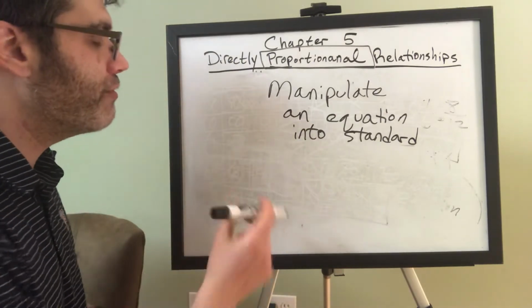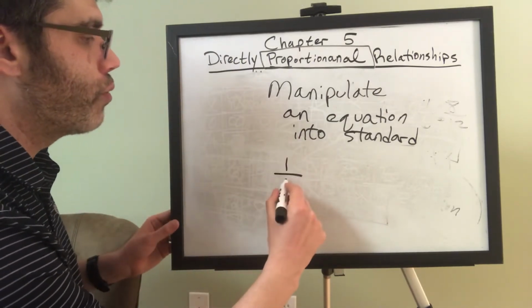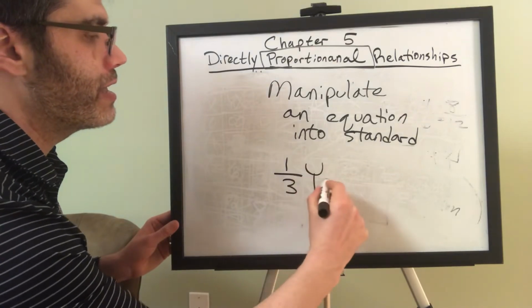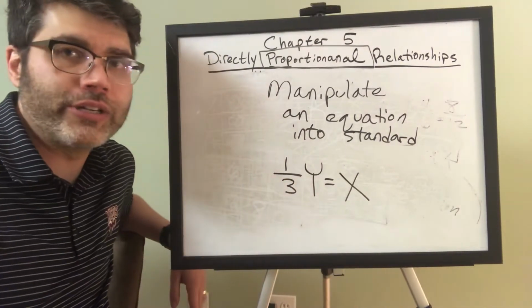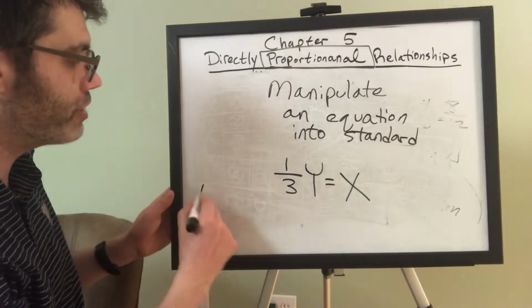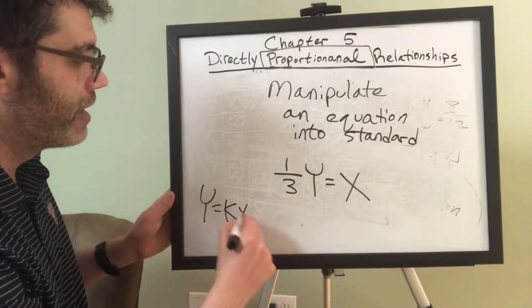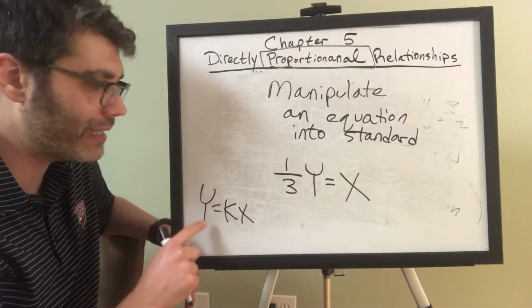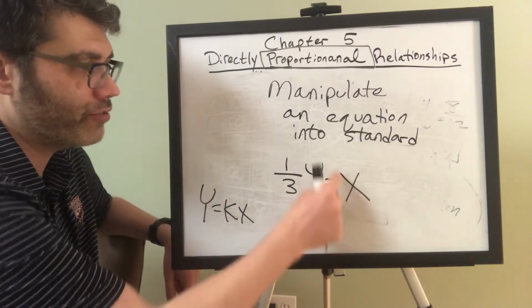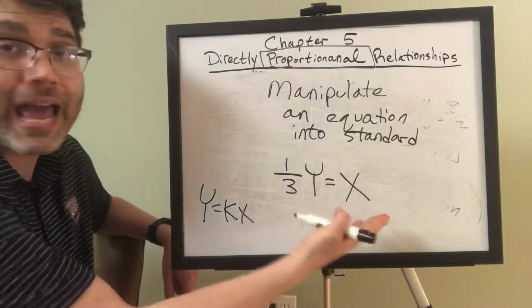So if we were given something that looked like this, 1/3 y equals x. This is not in the standard equation format, is it? No, because the standard equation format is y equals kx. Not anything in front of the y. We want y by itself, and then we want something nice right in front of the x, which is not happening here.